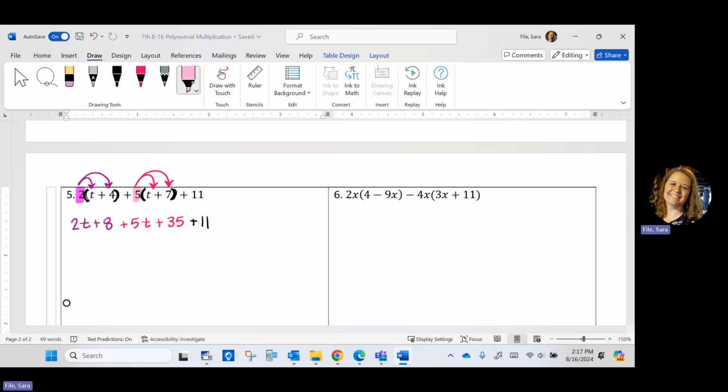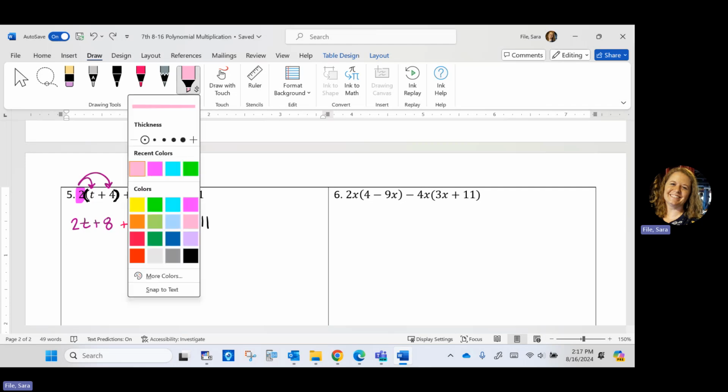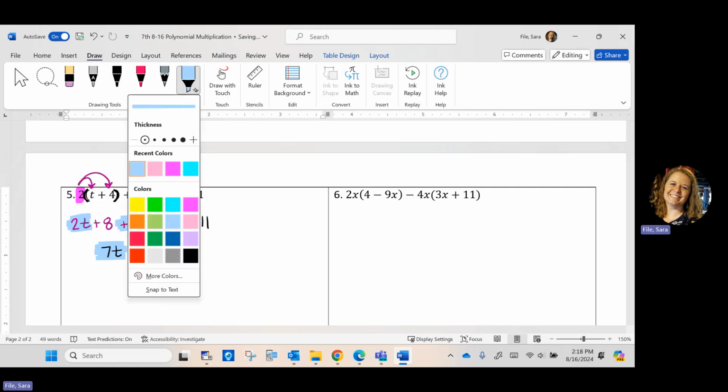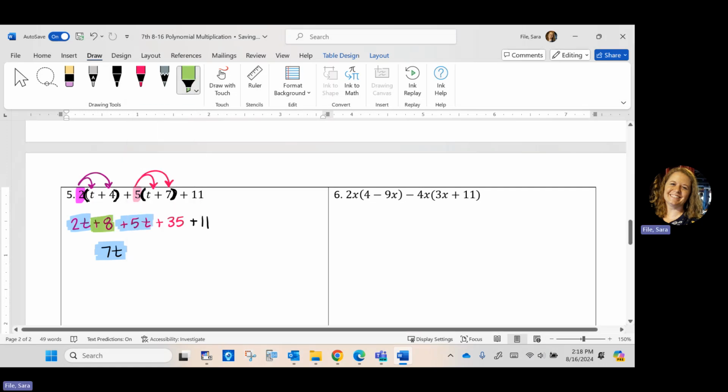Now this time I do have some like terms I can combine. I see some linear terms with t. What does that combine to? 7t. And then I see some constants. There's 3 of them there. So I need to do positive 8 plus 35 plus 11.